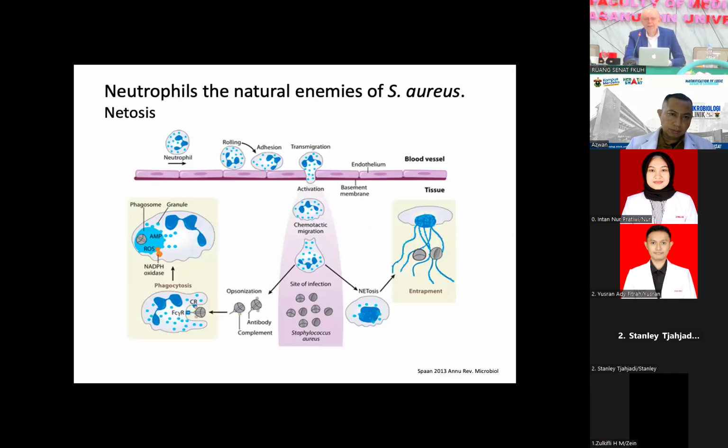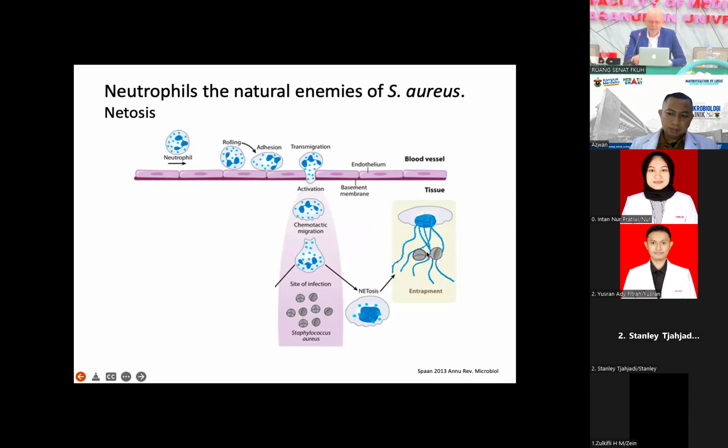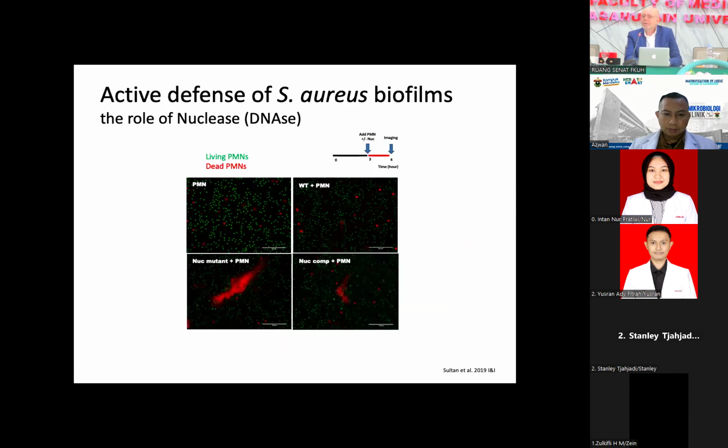Now I would like to look at the right side of this part, the NETosis. We found that already after 3 hours, the bacteria start to produce nuclease, which is basically DNase. So over here, on the left side, you can see an incubation of neutrophils, and the living neutrophils are given in green, and the dead neutrophils are in red.